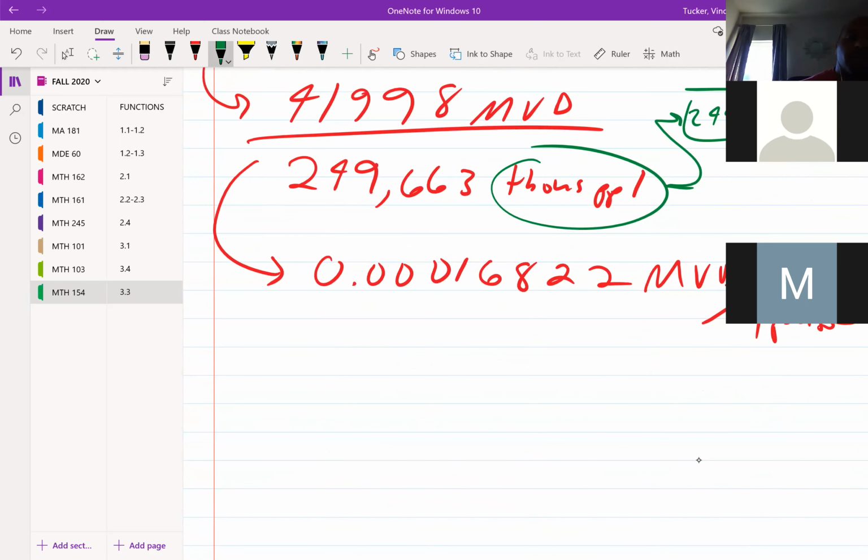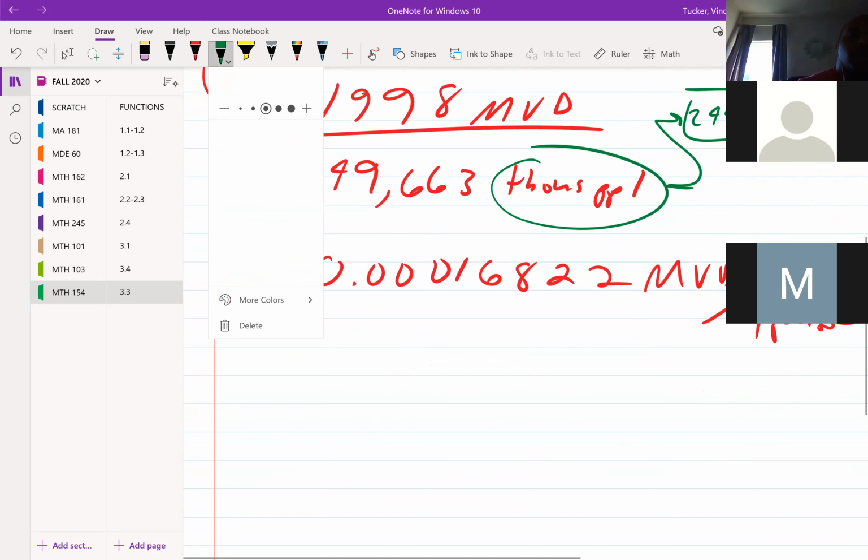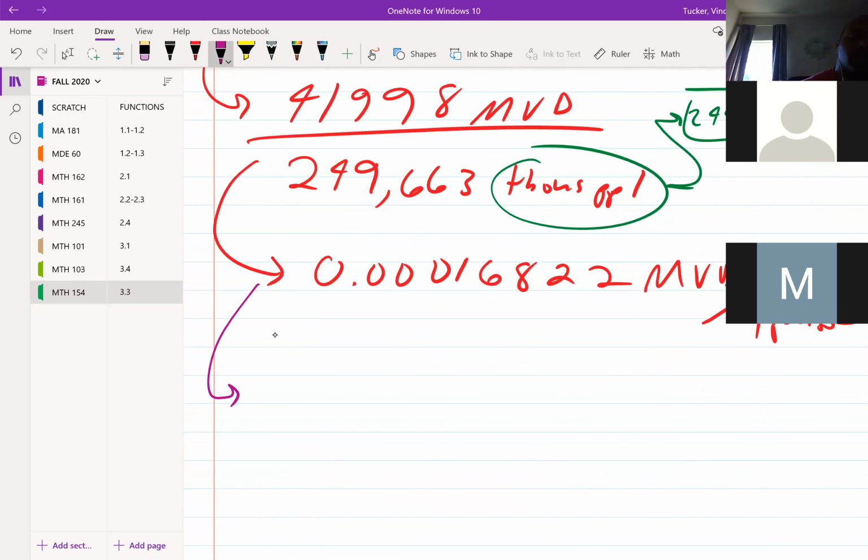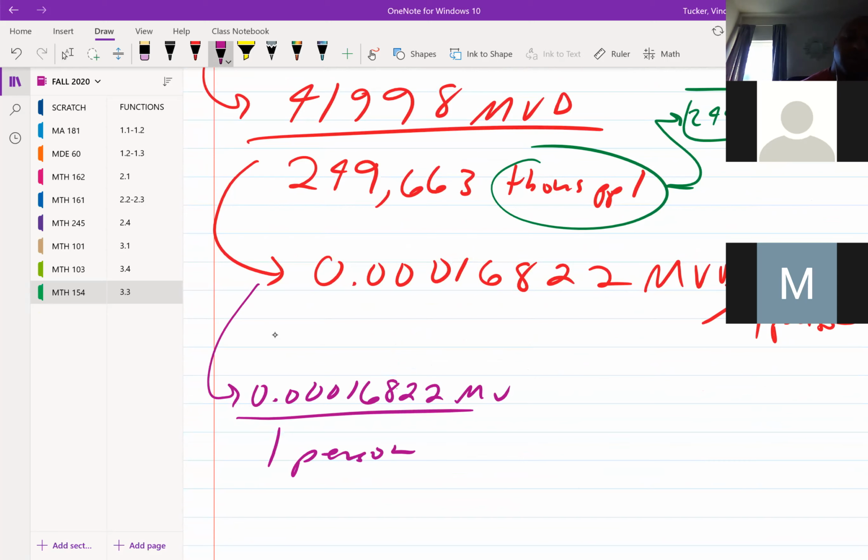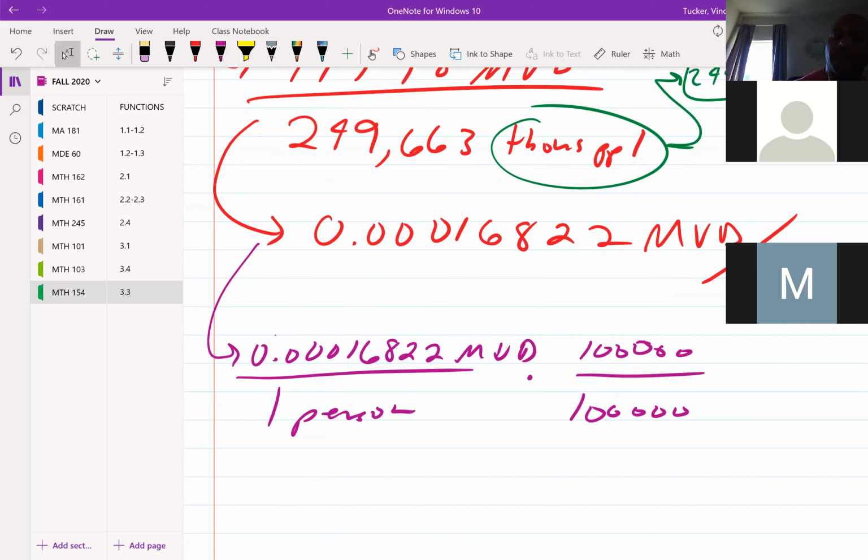So you will multiply top and bottom by 100,000.